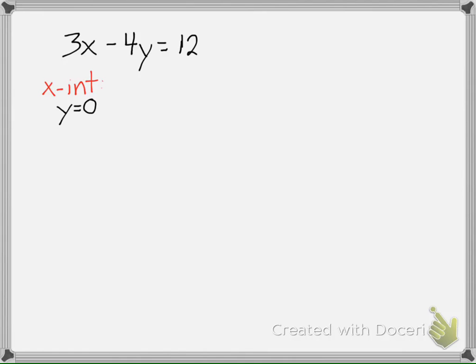value 0. Well, the nice thing about having it in standard form is that if I let my y value be 0, then that means this thing just goes away, right? If y is 0, then 4 times y is 0, and 3x minus 0 is 3x.